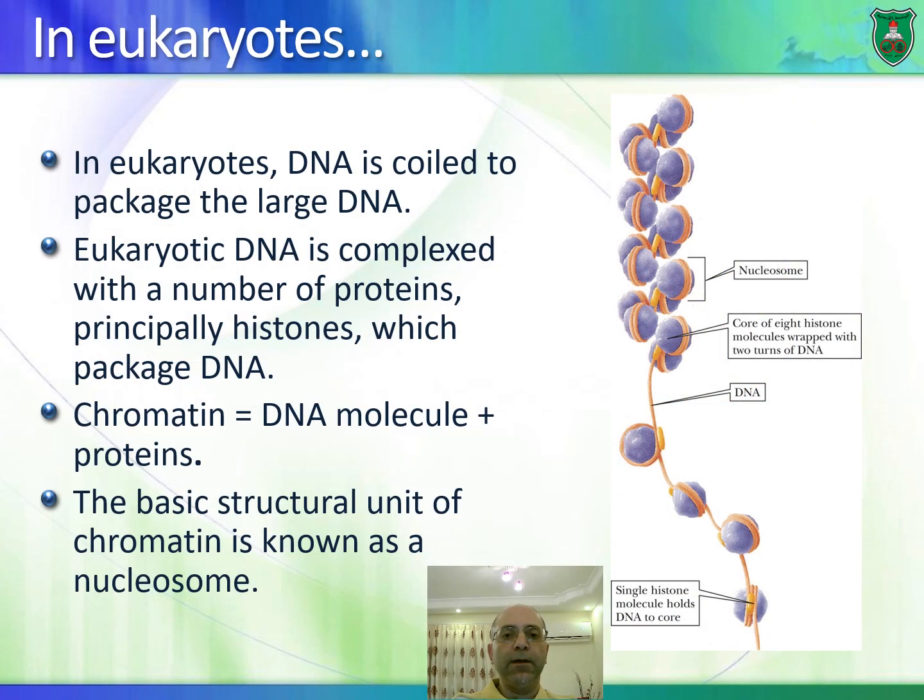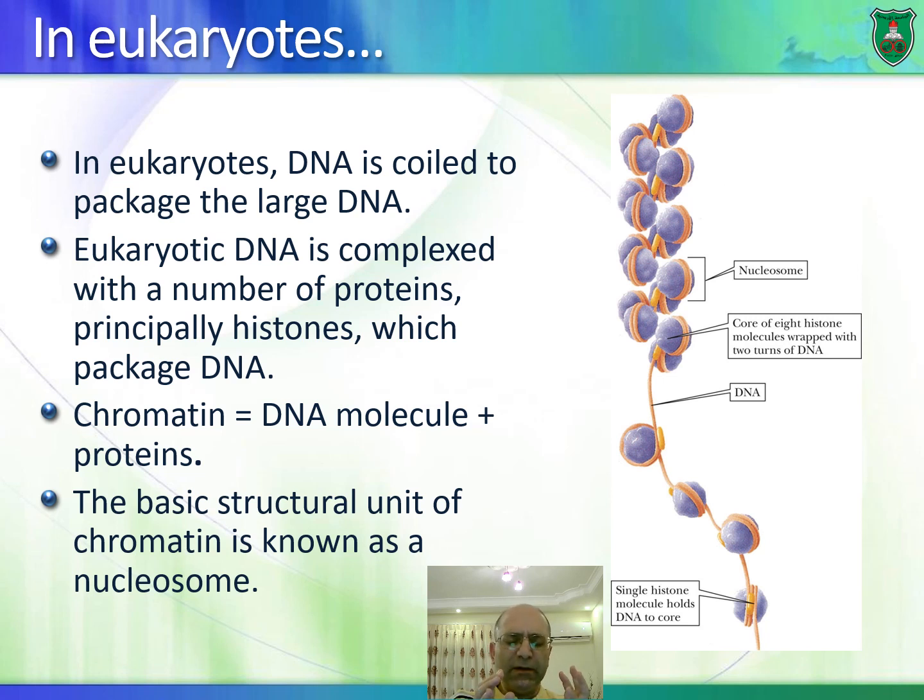Now, how is DNA organized in eukaryotic cells? Because if you look at the DNA molecule in a single cell, it's about 2 meters long, so it's really large, and you have to pack it in this small rounded structure known as the nucleus.